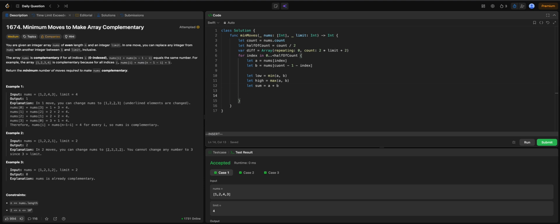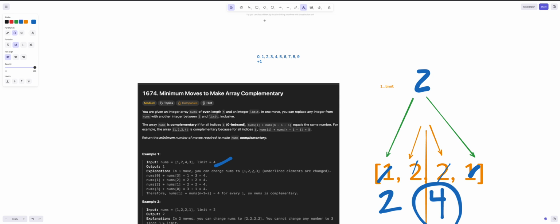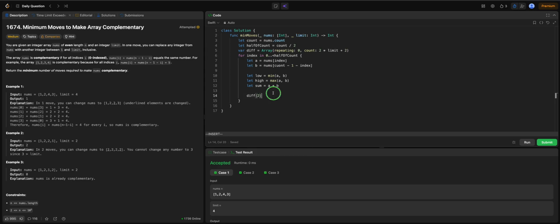So let's start from the difference of index 2. Why index 2? As I mentioned before, since we are adding the arbitrary 2 plus 2 in here, we start from here. For the difference of 2, we will start thinking with the worst case scenario. The worst case is we need to do 2 moves.